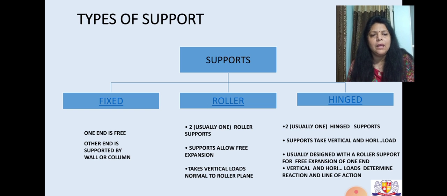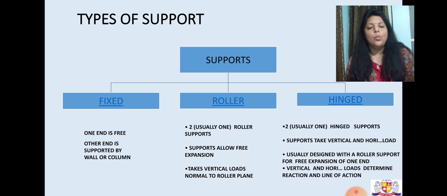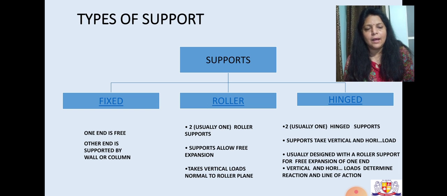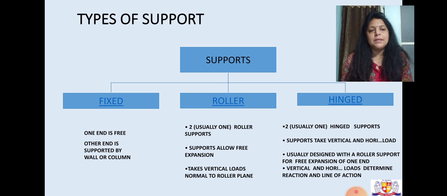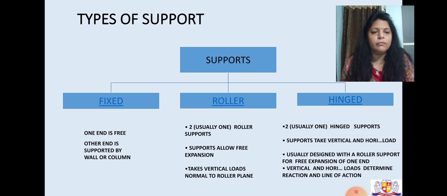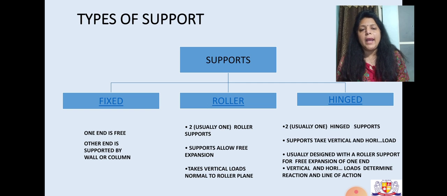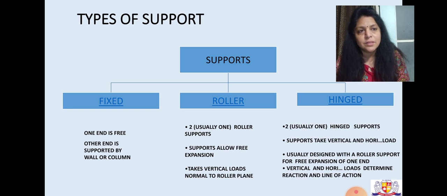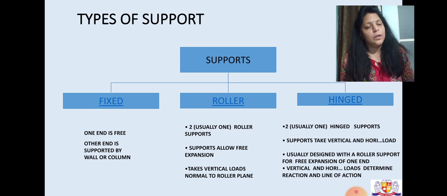In the roller support, usually one support is a roller, which allows free expansion, and vertical loads normal to the roller plane are taken. For a hinge support, there are two reactions, one vertical and one horizontal. And for a fixed support, one end is free and it has three reactions: vertical, horizontal, and moment.